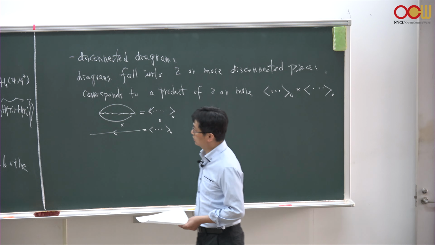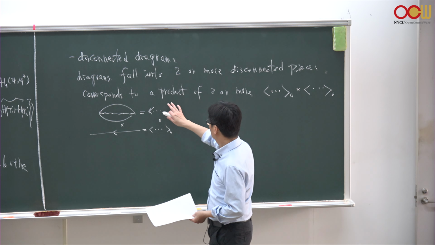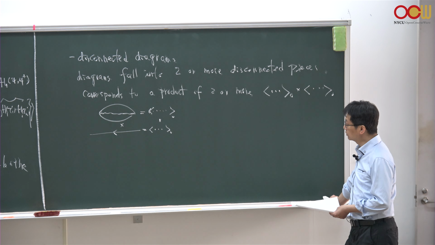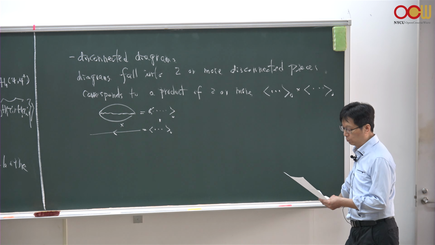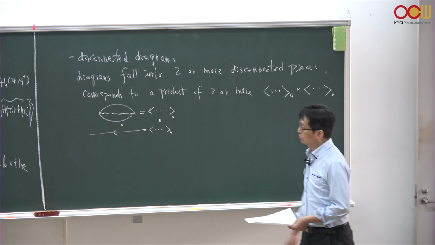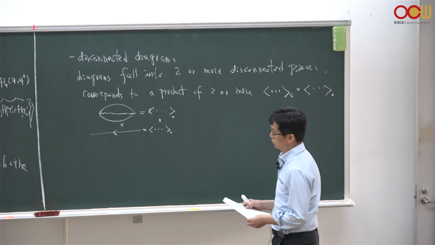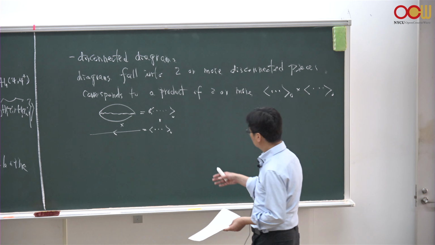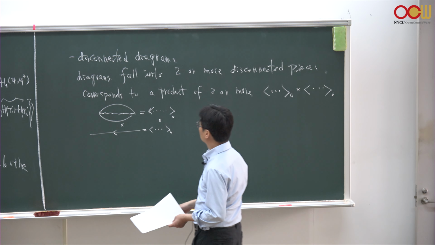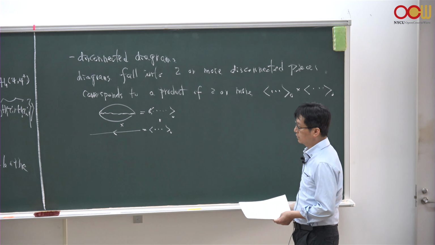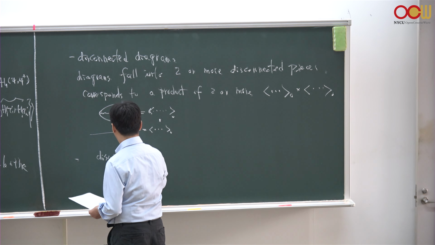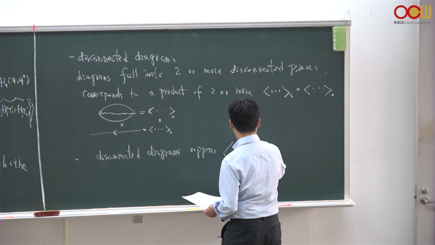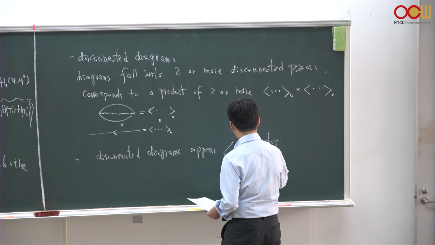And the linked cluster theorem tells us that all this disconnected product of those expectation values, or disconnected diagrams, will be cancelled out exactly by the denominator of this Green's function when we expand this S of beta in the denominator. So exactly the same type of diagrams are generated if this disconnected diagram appears both in the numerator and denominator.